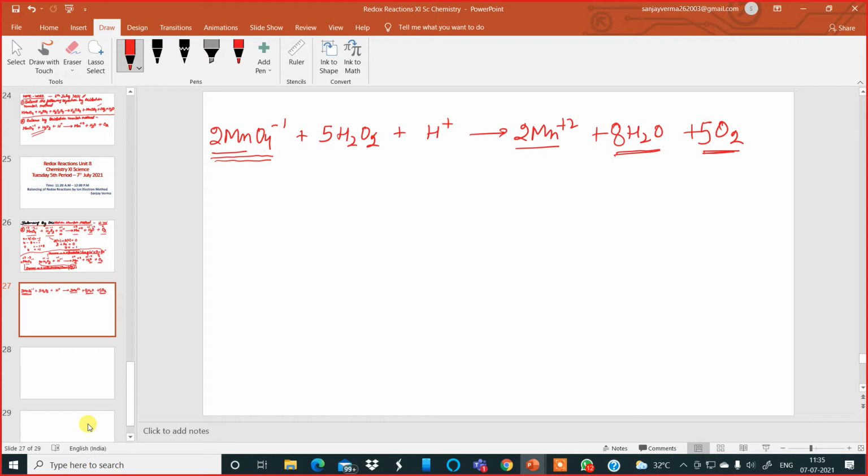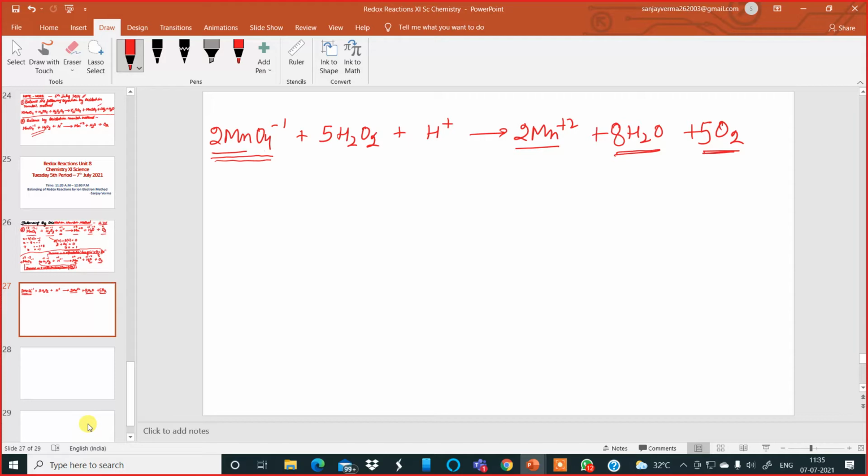So oxygen is balanced. Now to balance a redox reaction in acidic medium, we have to put water molecules on the corresponding side of the redox reaction. If oxygen is more, on the other side you have to put water to balance the redox reaction in acidic medium.